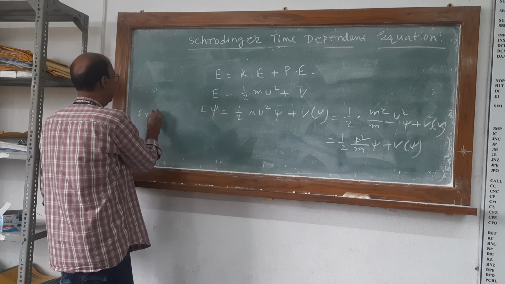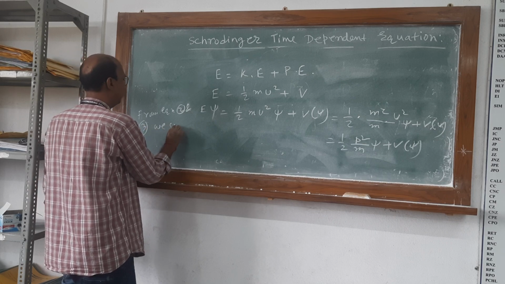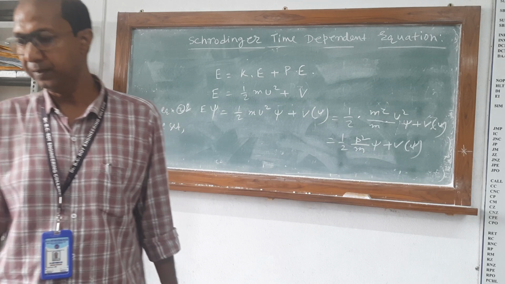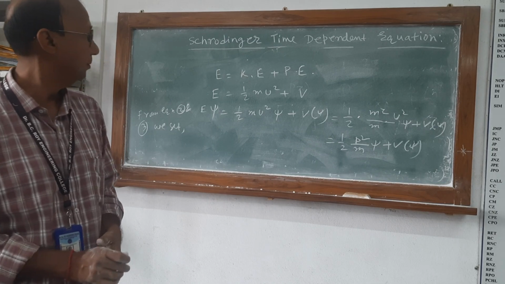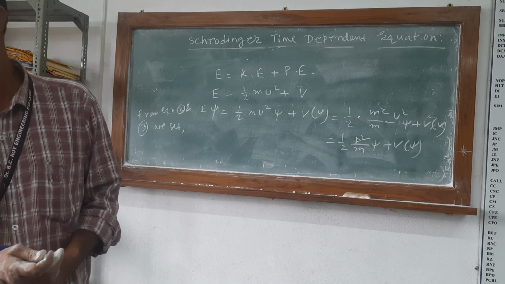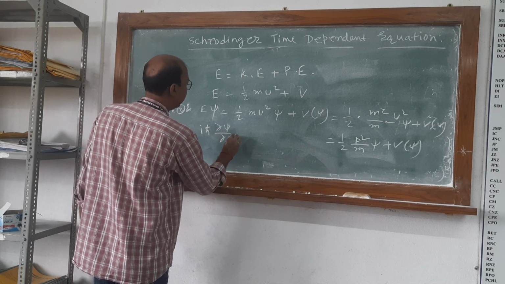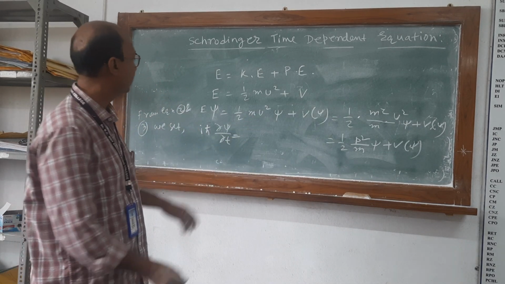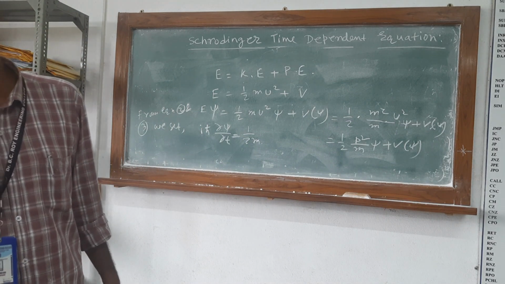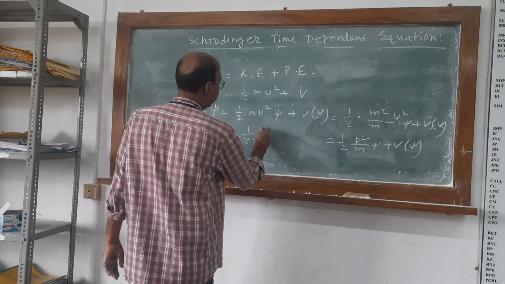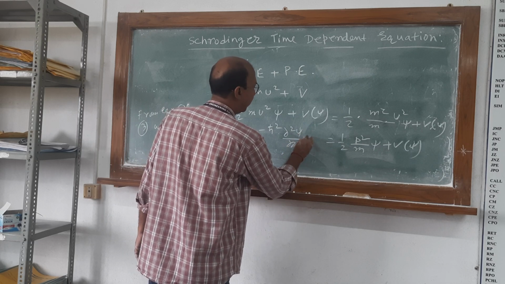So from equations 2 and 3, we get the value of E psi: i h cut del psi by del t equal to 1 by 2m times p squared psi, that means minus h cut squared del squared psi by del x squared, plus V psi.